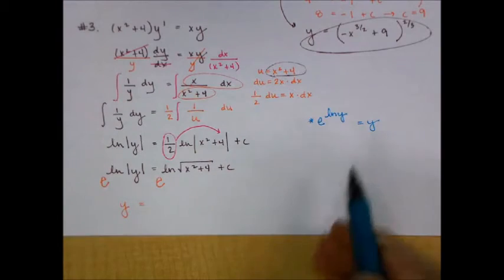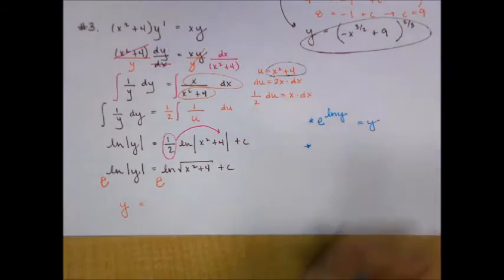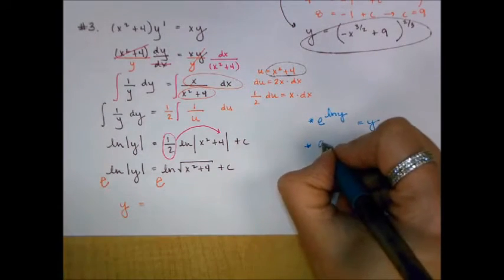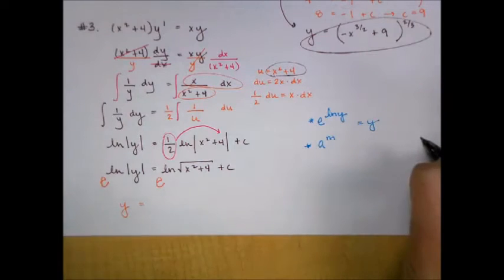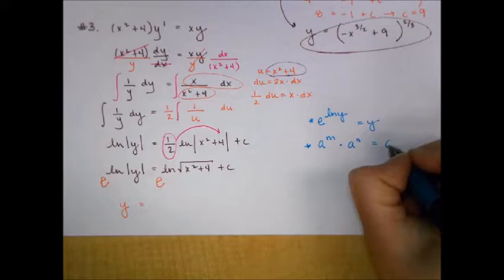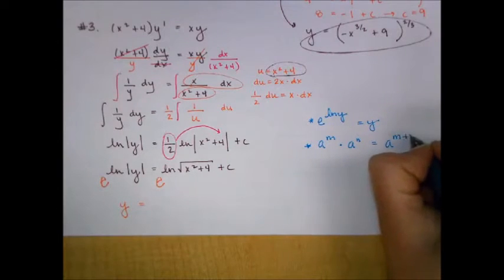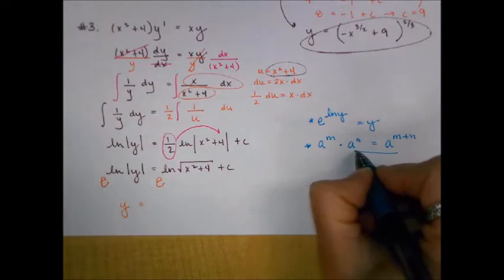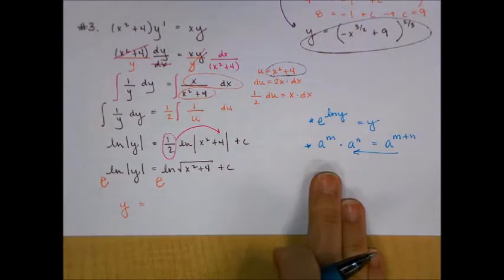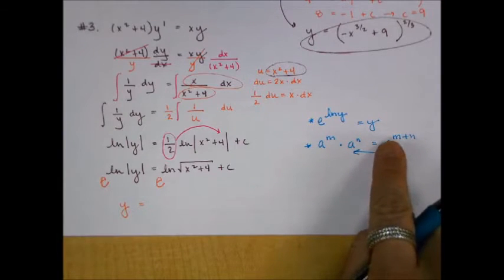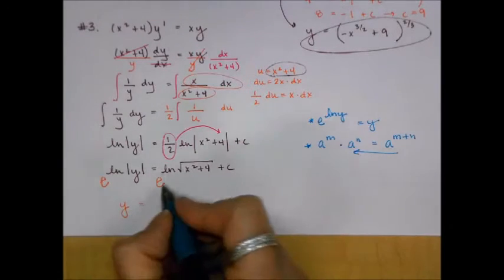Now the other thing I want you to remember is if I had a to the power m times a to the power n, you would get a to the power m plus n. So you know this, but we haven't done this a lot. We need to use it backwards. So right now I have e to the power of m plus n. So e, that's my base a, to the power m plus n.